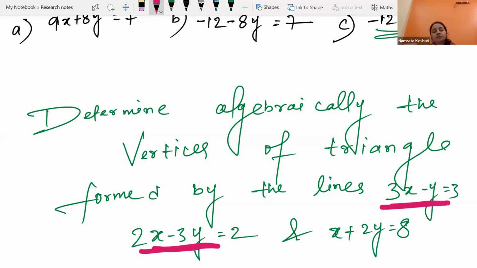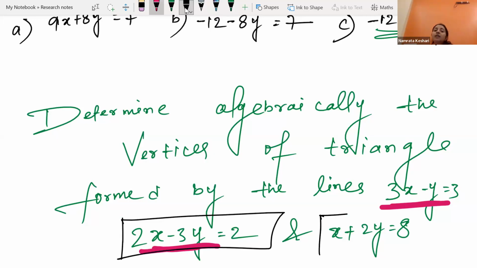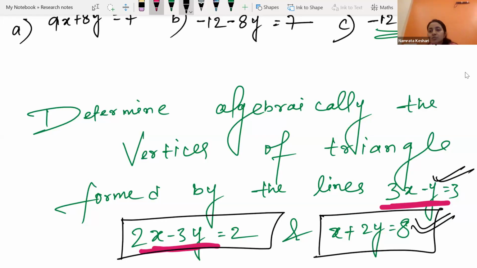Yes or no? ओके, यहाँ से हमें एक कोऑर्डिनेट मिलेगा दोनों इक्वेशन को सॉल्व करके. उसके बाद we will be taking this equation and this equation and solving, and we will be getting again x and y different value, that will be another coordinate, and then we will be solving the first and the third one, we will be getting the third coordinate, and these are the three vertices of the triangle. Are you getting it? ऐसे क्वेश्चन अगर आएंगे तो 5 मार्क्स या 4 मार्क्स क्वेश्चन में ही आएंगे, बट दिस इज द कंसेप्ट बिहाइंड इट. You all got it, right?